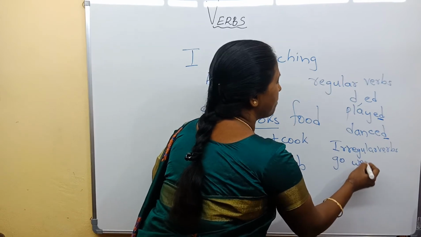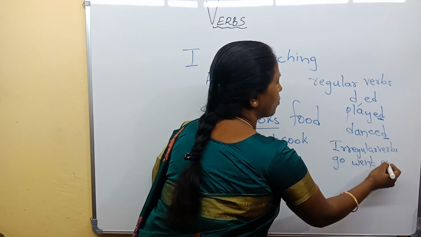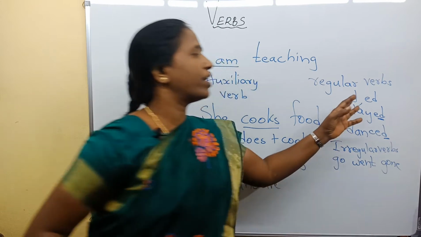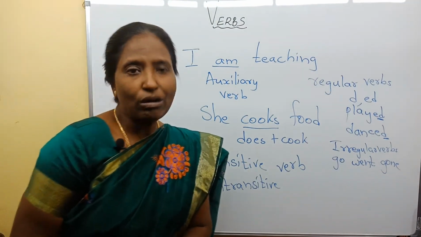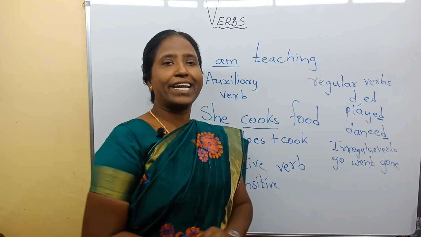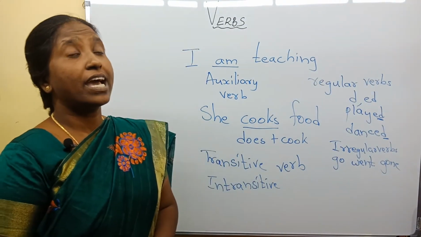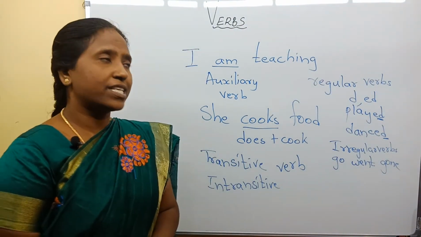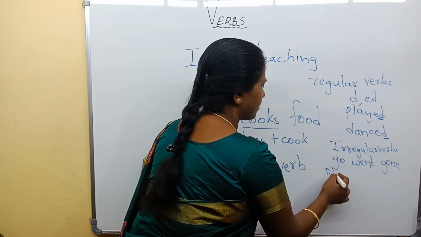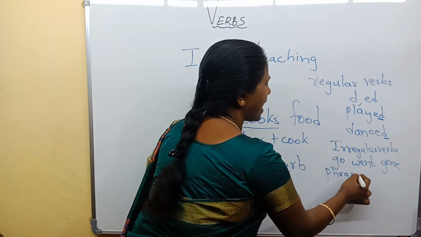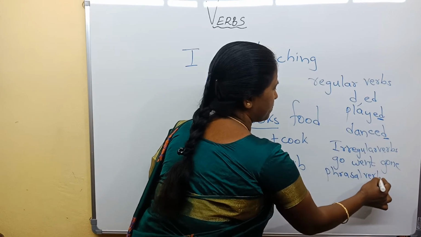Here there is a complete change. We are not using D or ED to change it into past tense. Such verbs are called irregular verbs. Not only this, we have phrasal verbs. Phrasal verbs you might have heard. Phrasal verbs means the verb attached with the preposition.